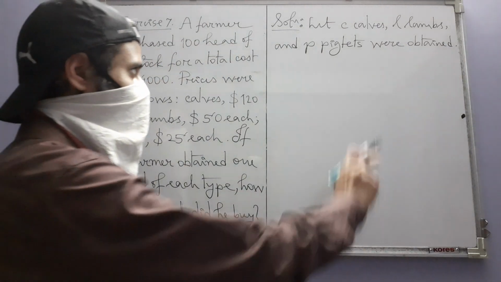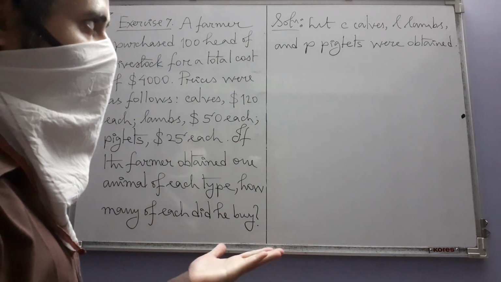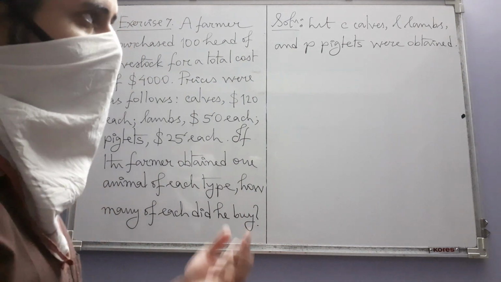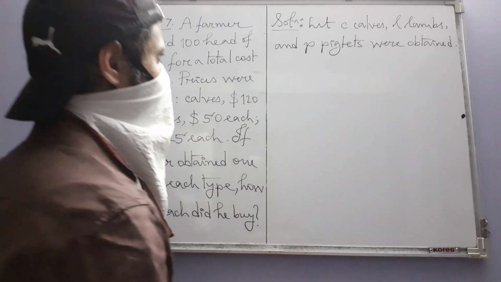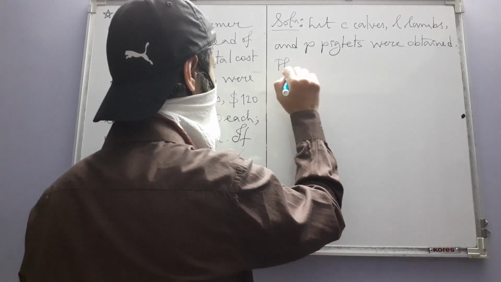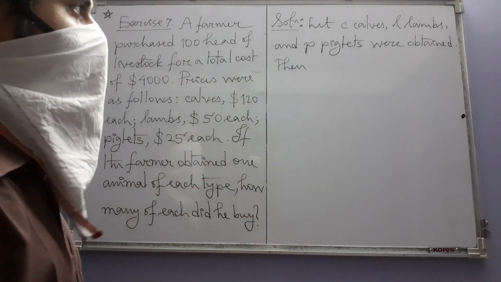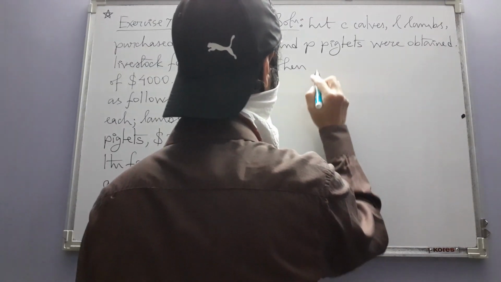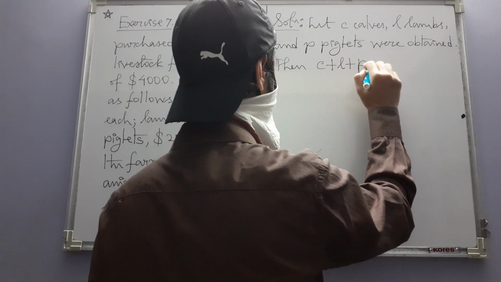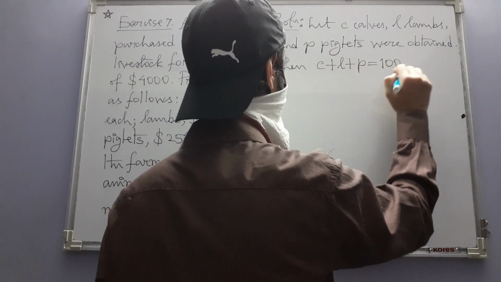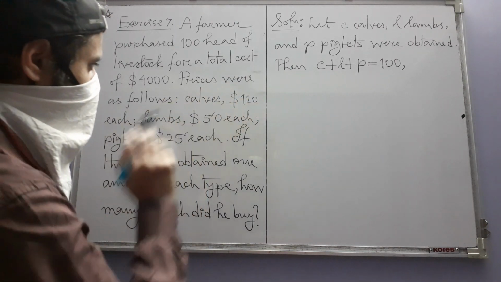So this type of names given to the variables help us know which one is what easily. C for calves, L for lambs, and P for piglets. Then in total he had 100 items. So C plus L plus P is 100. That is one equation. But then we look at the prices.